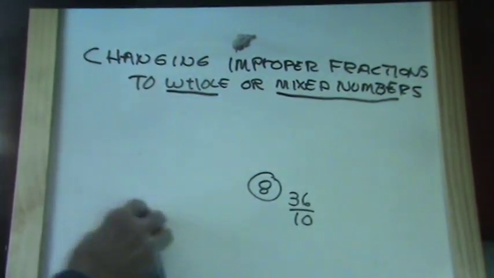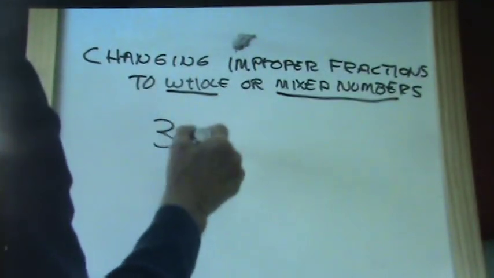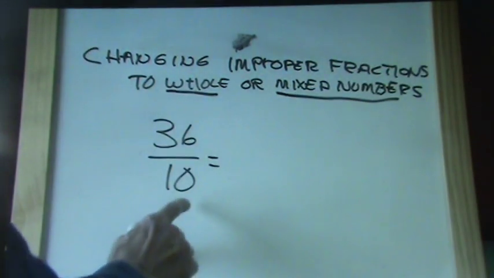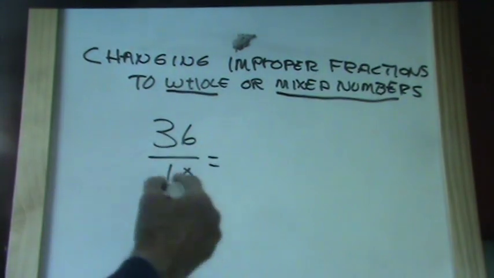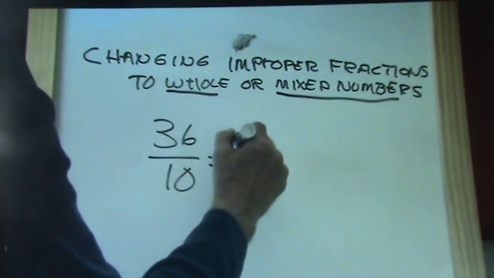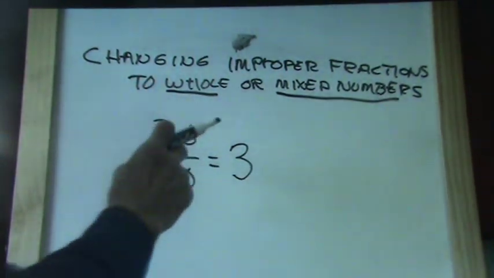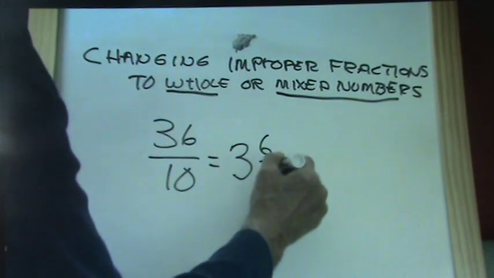And 36/10. Let's put that up here. Okay, and we want to change this. So we know we divide the denominator into the numerator. 10 into 36. Well, 10 will go into 36 3 times, because 10 times 3 is 30. And so I have 6 left over. So 3 and 6/10.